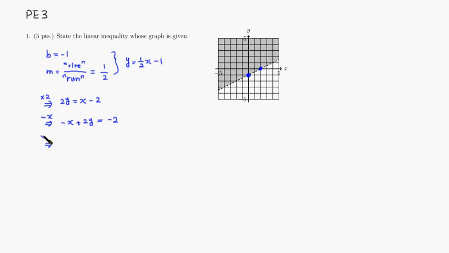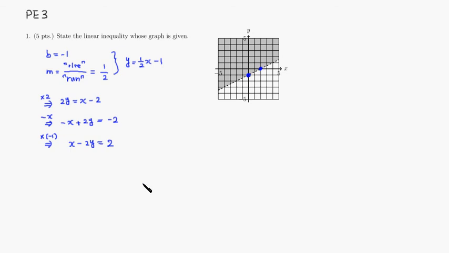You don't really have to do this, but I'll do it anyway. And you have x minus 2y equals 2. So that's the equation of this borderline.